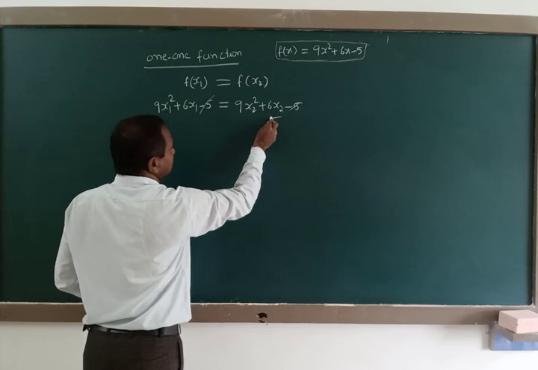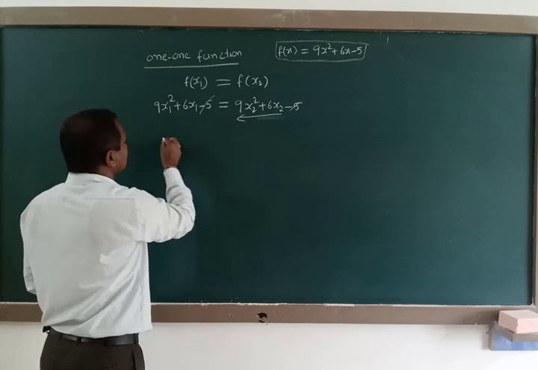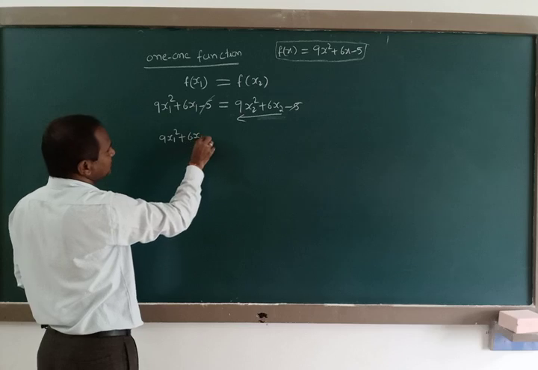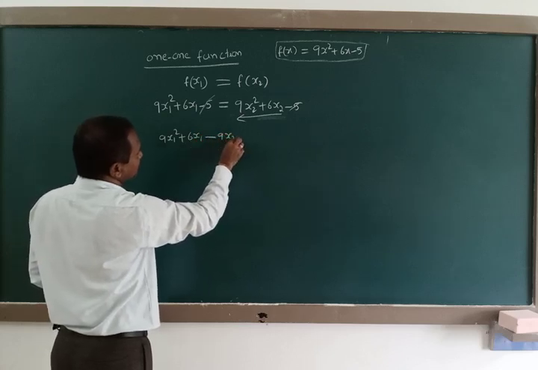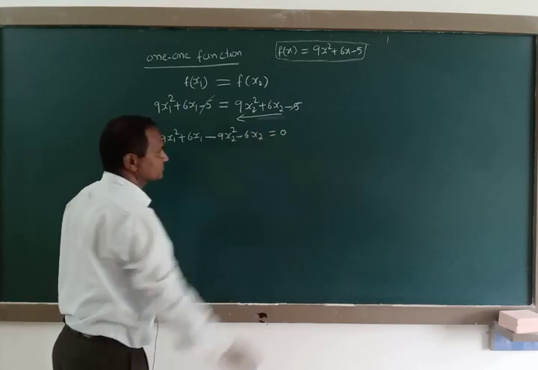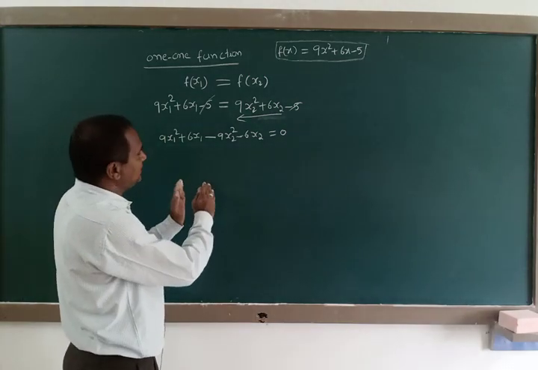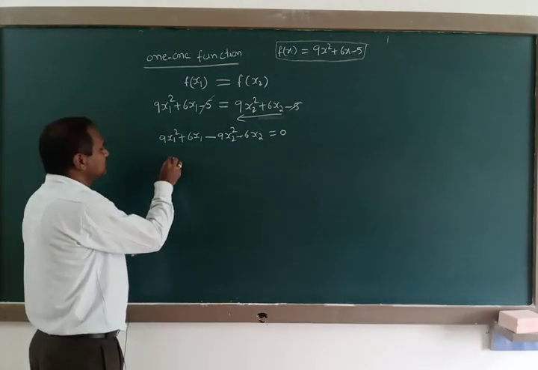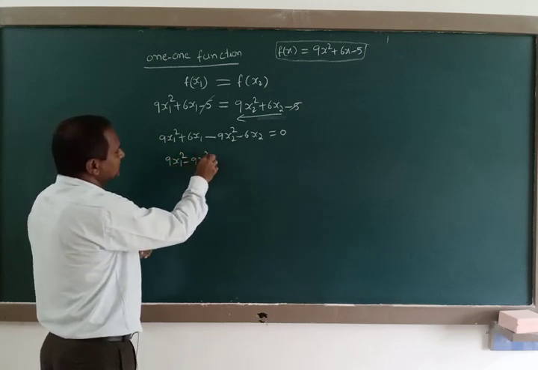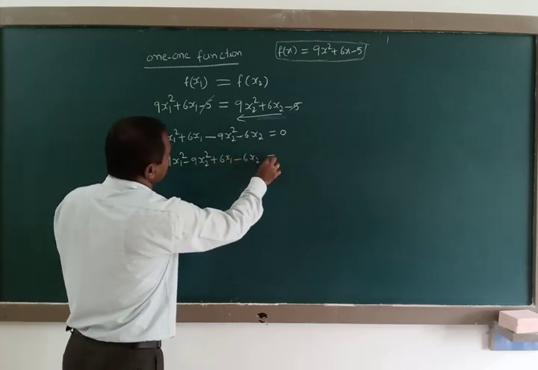Send all these terms to one side: 9x1 square plus 6x1 minus 9x2 square minus 6x2 is equal to 0. Write the square terms on one side and the terms without squares on the other, like this: 9x1 square minus 9x2 square plus 6x1 minus 6x2 is equal to 0.